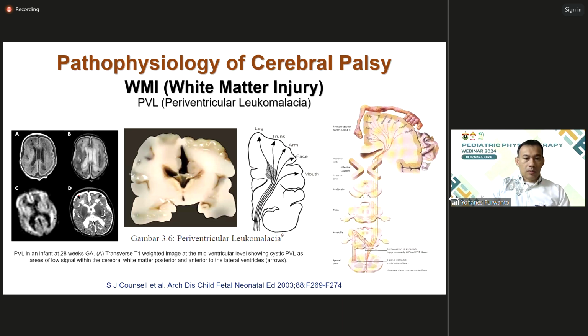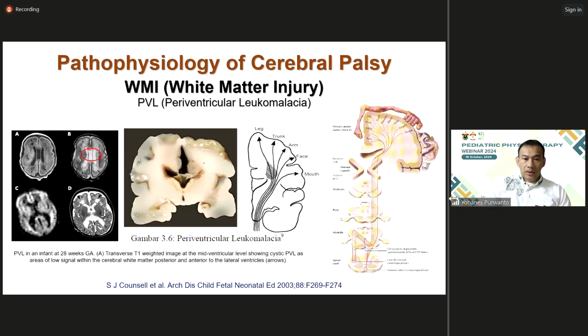This is a picture of the periventricular area. We call it periventricular leukomalacia. This pathology comes from premature or preterm infants.